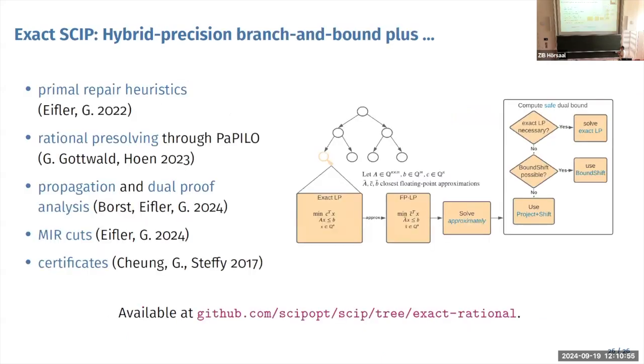We have also included a lot of the techniques that you heard from Timo yesterday and made them exact. This is also available on the SCIP repo on GitHub. It's a version that we will hopefully merge soon. And then SCIP will, out of the box, have an option where you can solve to zero violation.